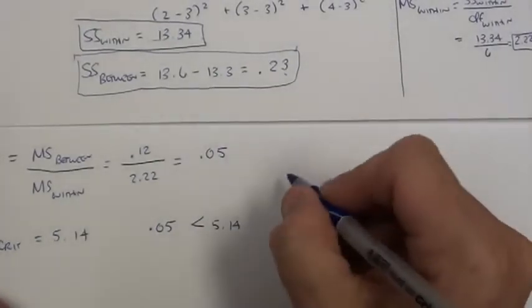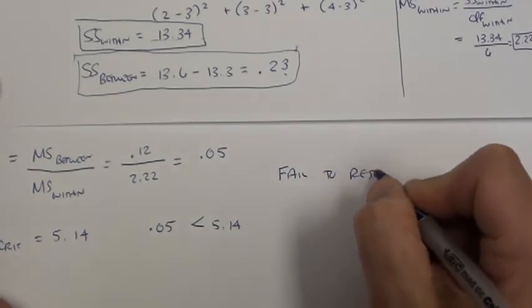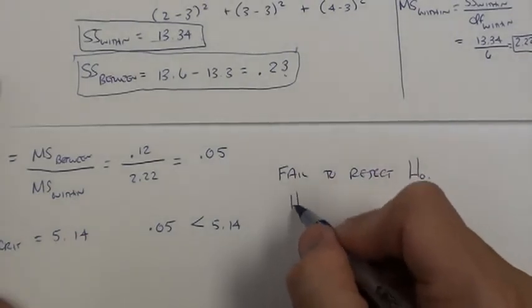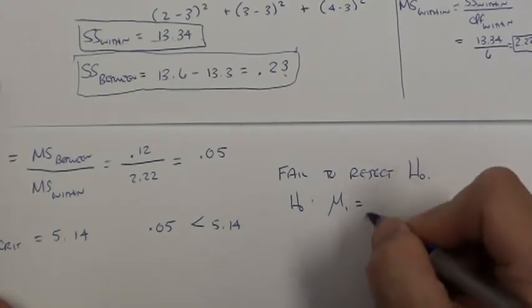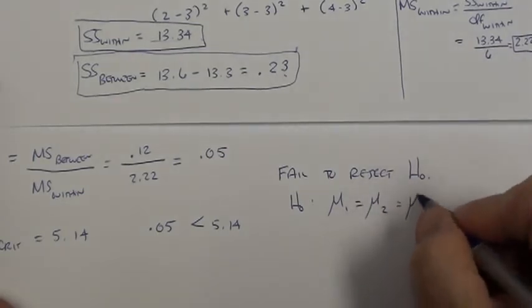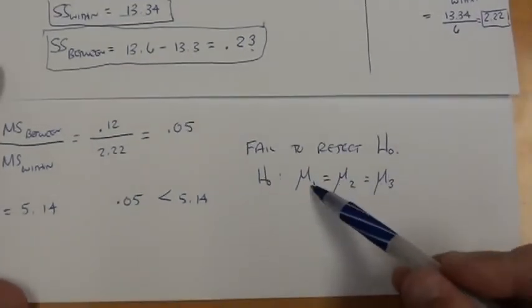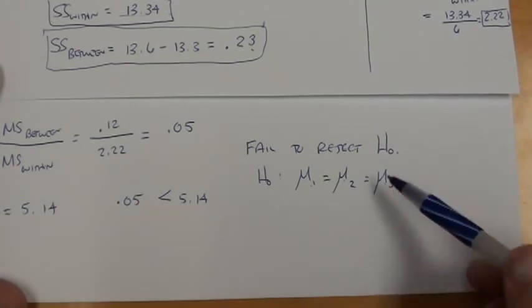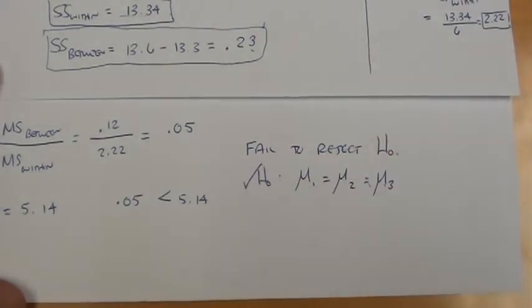So in this case, we fail to reject our null hypothesis. And remember, our null hypothesis was that mu1 was equal to mu2 was equal to mu3. And so that null hypothesis states that there is no significant difference between the three groups. And so since we failed to reject that, that is what we conclude. There is no significant difference between the three groups.